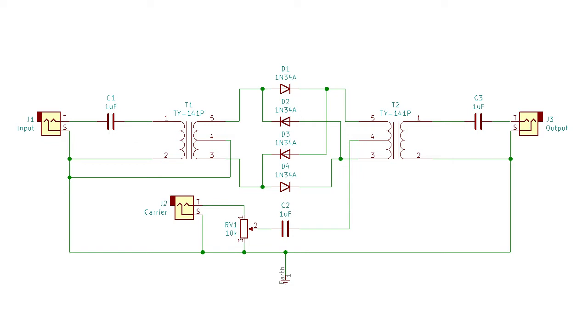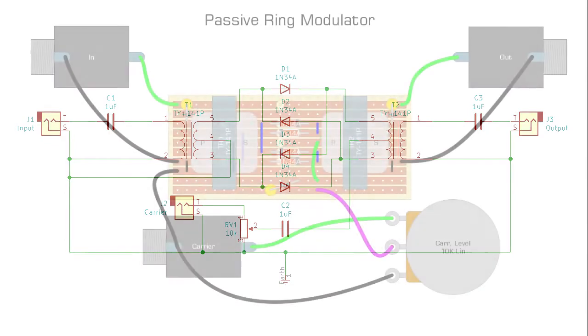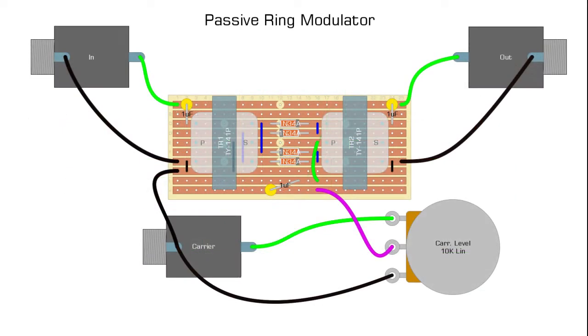I've put it on a strip board and the strip board looks like this. You may need to shuffle around the transformers depending on what the pin spacing is on the ones that you use. But other than that, the general layout works quite well. The schematic and the strip board layout are already in my Dropbox file, and the link to that is down in the description.